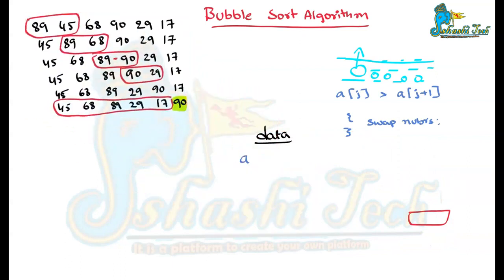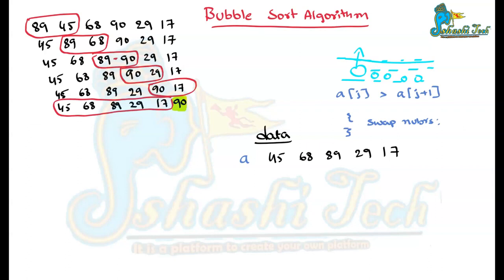So, in order to sort the remaining elements, we should move all these elements to one side and we shall copy the required ones, that is 45, 68, 89, 29, 17. We shall rewrite it again, that is 45, 68, 89, 29 and finally 17.